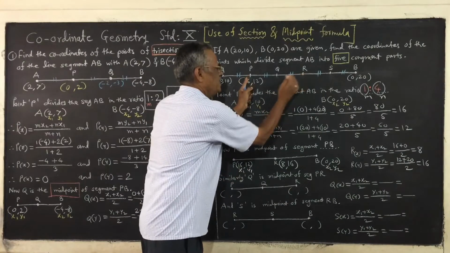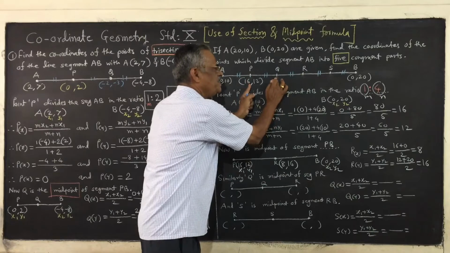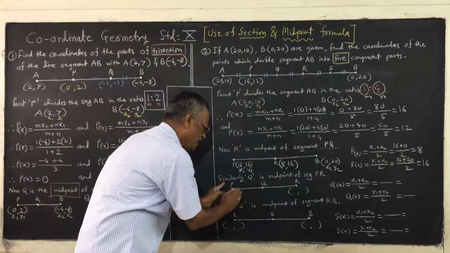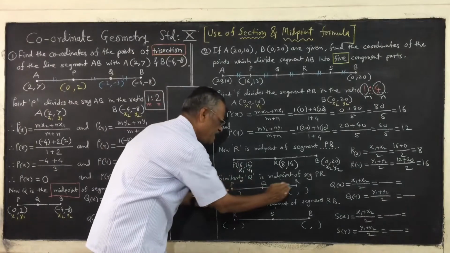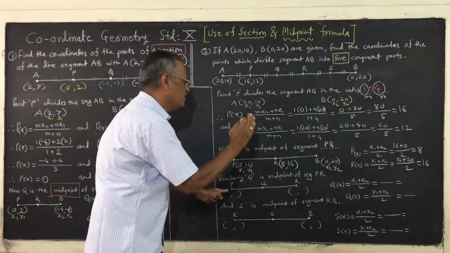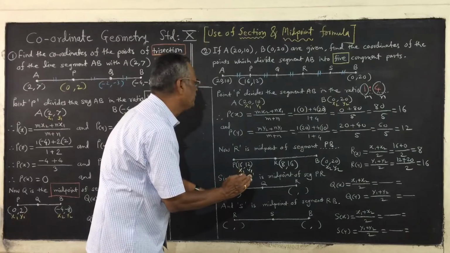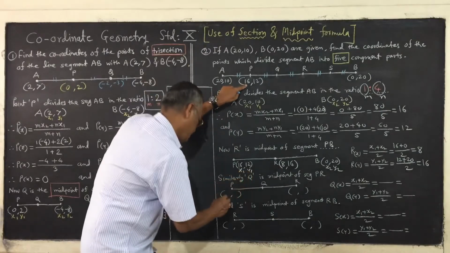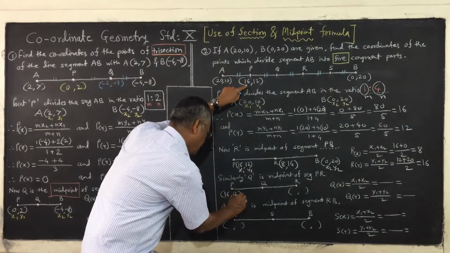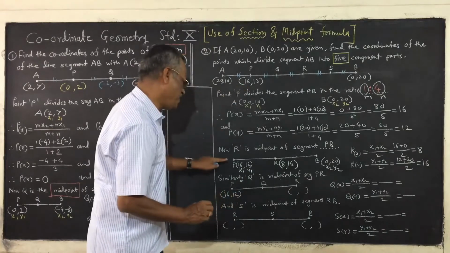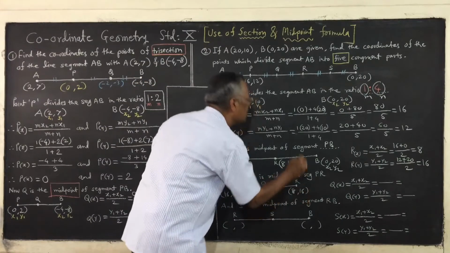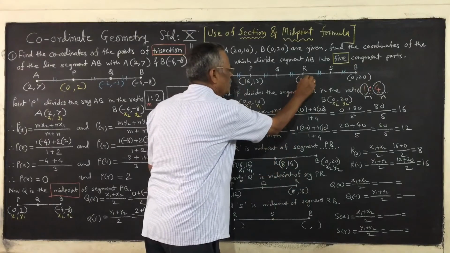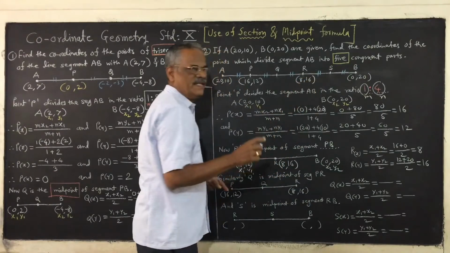In segment PR, you are getting that Q is the midpoint. So again it is explained properly by using the diagram there. PR segment is there. What are the coordinates of point P? These are 16 and 12. What about point R? Already calculated, 8, 16. R point coordinates are calculated.